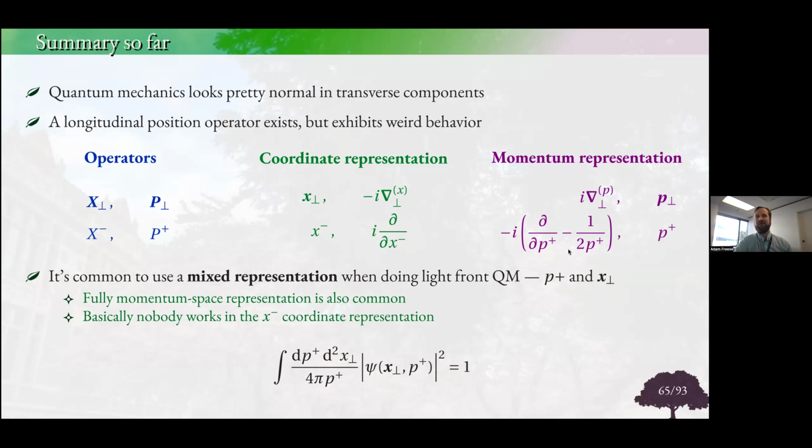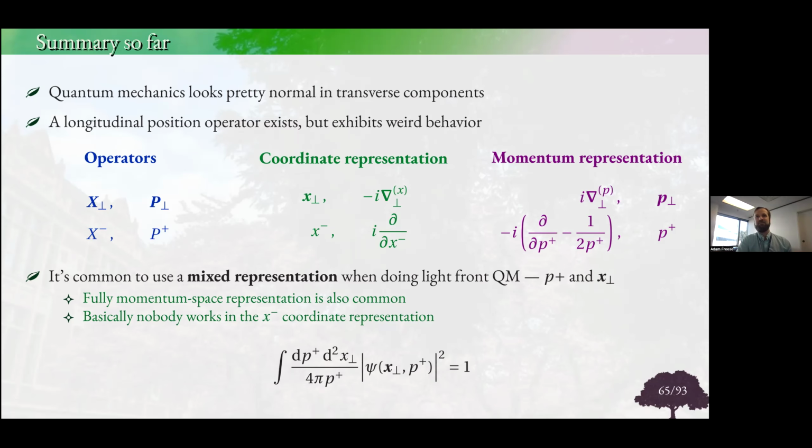But in the momentum representation, your x minus operator gets this very weird form. In addition to having your derivative with respect to p plus, there's also a minus 1 over 2p plus. This is actually fairly analogous to the Newton-Wigner position operators when doing relativistic quantum mechanics in instant form. So basically, all of your relativistic weirdness gets shuffled into your x minus coordinate, in a sense.